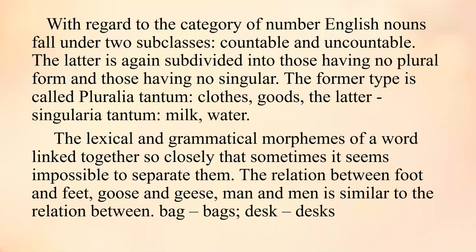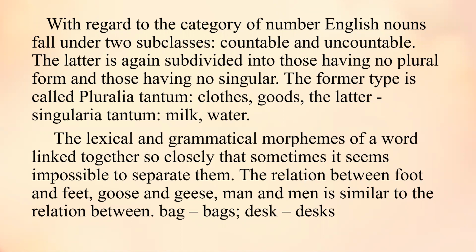With regard to the category of number, English nouns fall into two subclasses: as we mentioned, countable and uncountable. The latter is again subdivided into those having no plural form and those having no singular. The former type is called pluralia tantum, for example clothes, goods, and the latter singularia tantum: milk, water, juice.